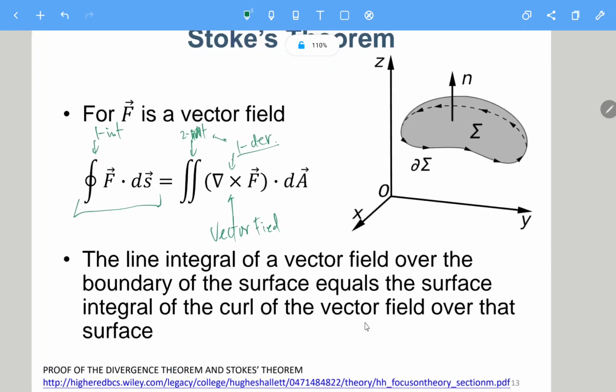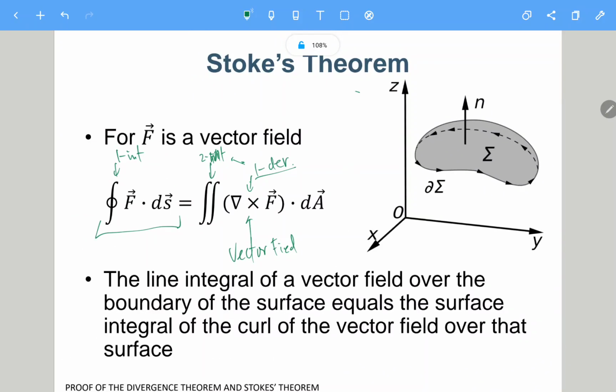The physical meaning is something like this: if this is the contour, let's say this is ds, and you have a vector field, let's say f, you calculate all the f dot ds over this one. But actually you calculate the curl of f, which means you calculate how it tries to rotate.